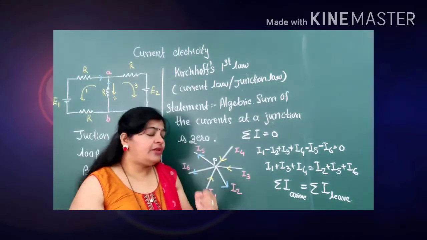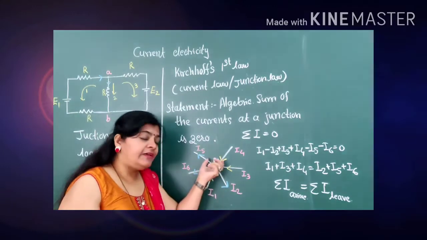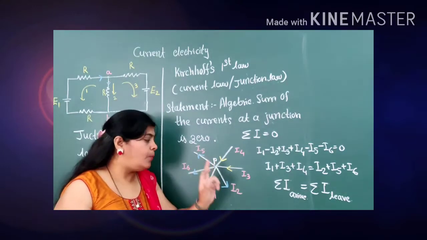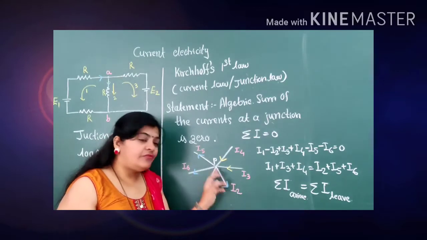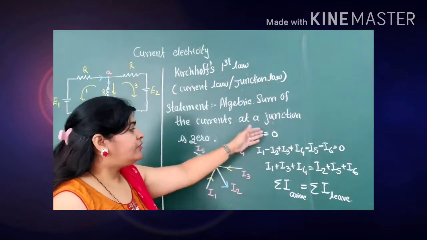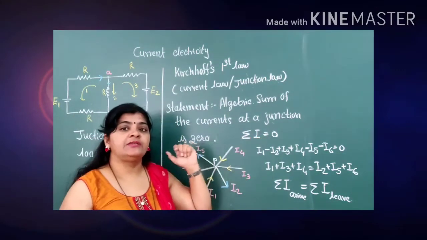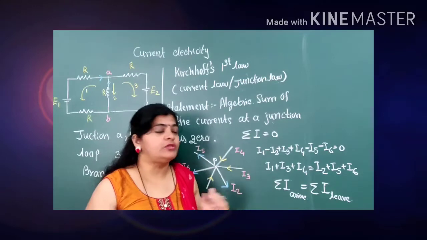Now we are using the sign conventions for it. If the current is arriving at a point, it is taken as positive, and the current which is leaving the junction is taken as negative. Then we use this sign convention for the mathematical statement, summation of I is equal to 0.